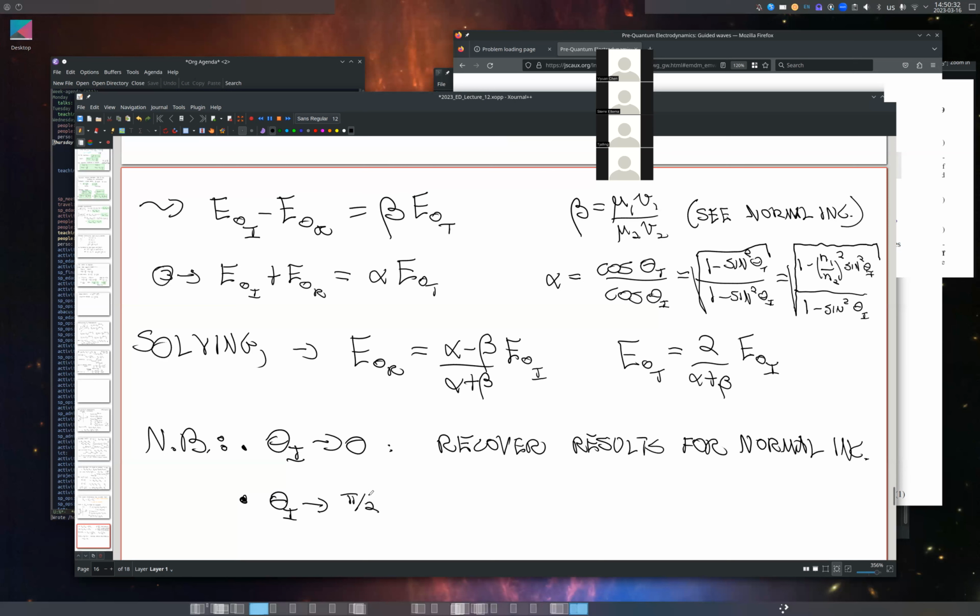Then when I take my theta I to pi over 2, the sine of theta I is going to go towards 1. Namely, this parameter alpha here is going to blow up. So this alpha is going to go to infinity. And if alpha goes to infinity, then the reflected amplitude goes to the incident amplitude, and the transmitted amplitude goes to 0.